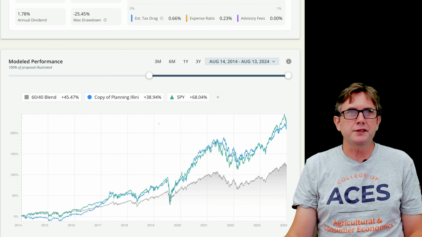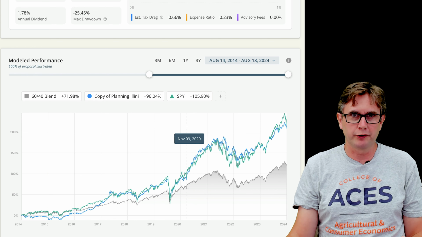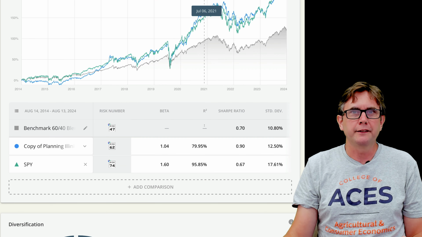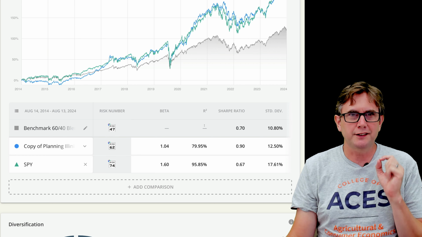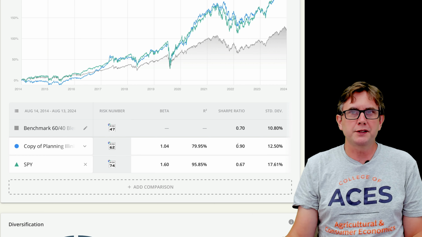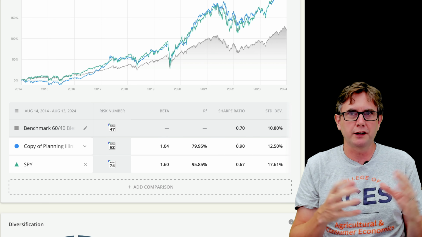It just happens that our alt portfolio did perform as well as the S&P over 10 years, and so that's kind of exciting. But let's look more at the diversification, and I think this is what I want to hit home on. First thing, we said a few minutes ago, Sharpe ratio is return minus risk-free over standard deviation.